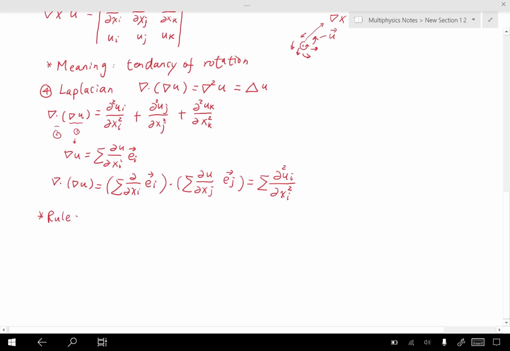That is, the above operators take effect on the variables on their right side.